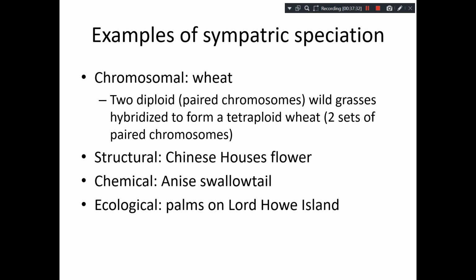And in order to explain the mechanism of sympatric speciation, I have given three examples. One is the Chinese house flower, the second one is the Anise swallowtail, and the ecological one is palms on Lord Howe Island.